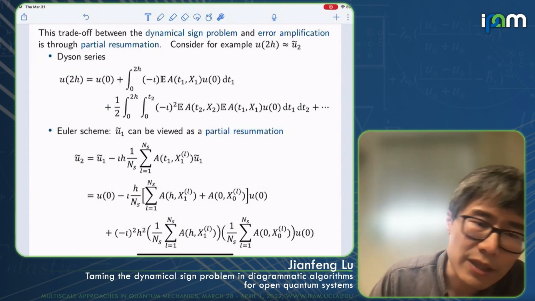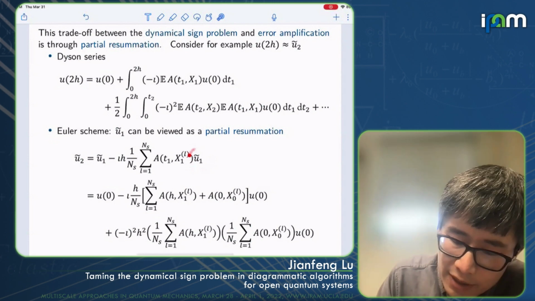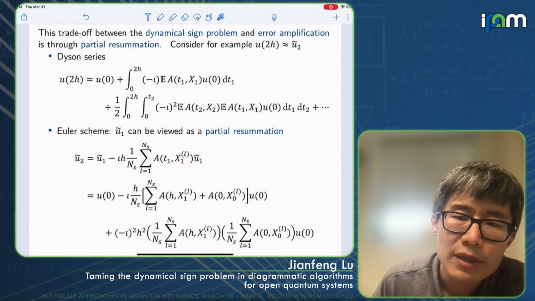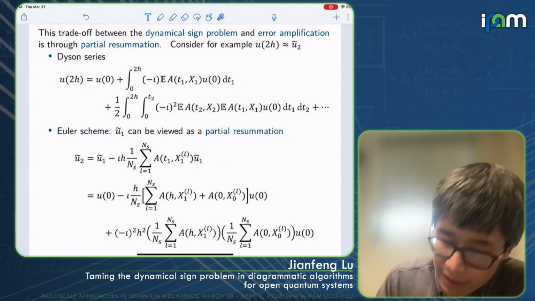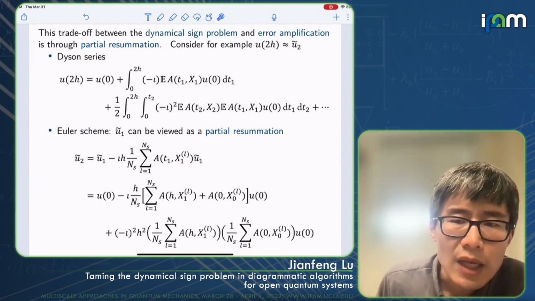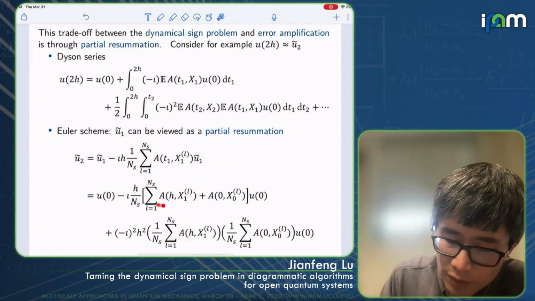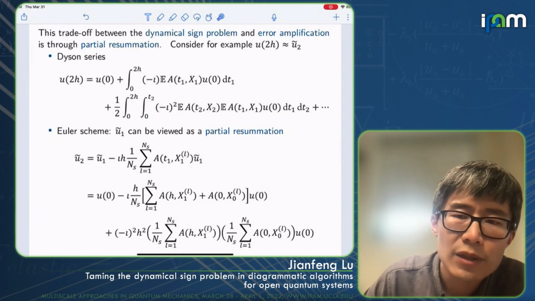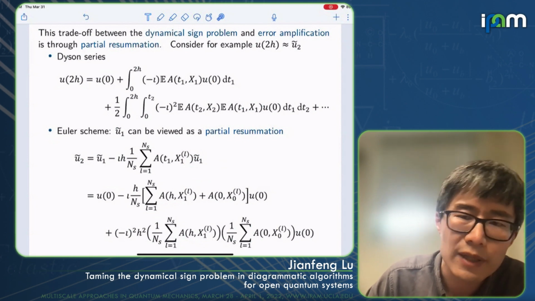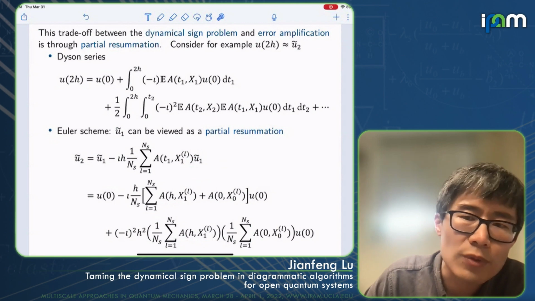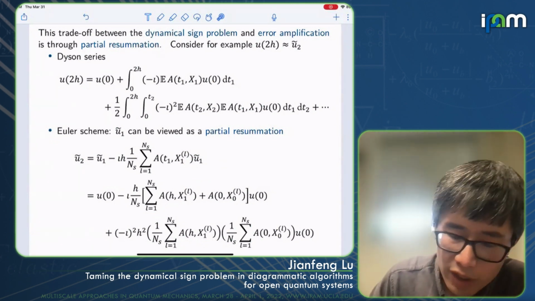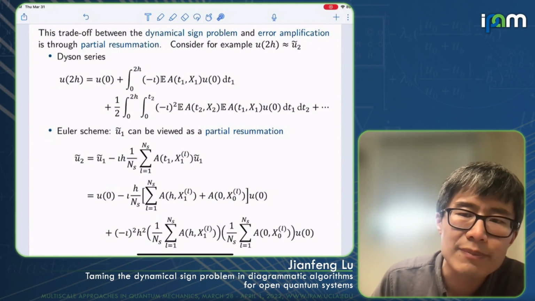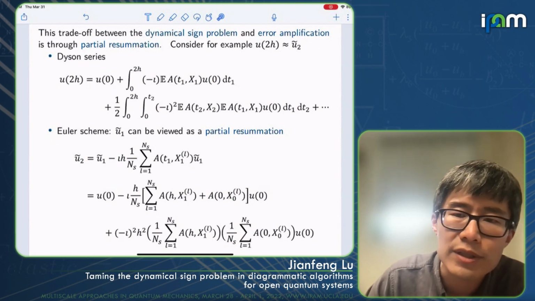While for Euler, since the lower orders are encoded or resummed in U1 tilde, the numerical approximation, this high order approximation actually reuses the randomness involved in the low order ones. And this in fact helps to cancel some of the growth of the variance. Of course, for Euler you still have error amplification due to the Euler scheme, but if you use a symplectic scheme, then this completely cancels the exponential growth.